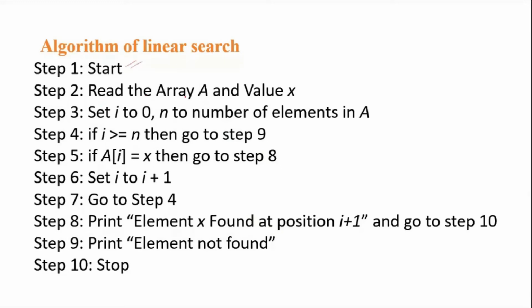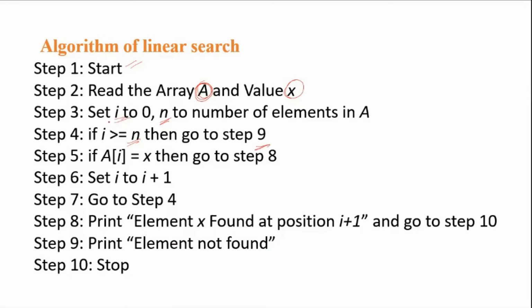We first have to read the array A and the value X. The name of the array is A, and the value that is to be found is X. Now what we do is set I to 0, and n to the number of elements in A. Now if I is greater than or equal to n, that means we have ended up searching all the items within that particular array or list. So then we go to step 9. Step 9 is print the element not found.